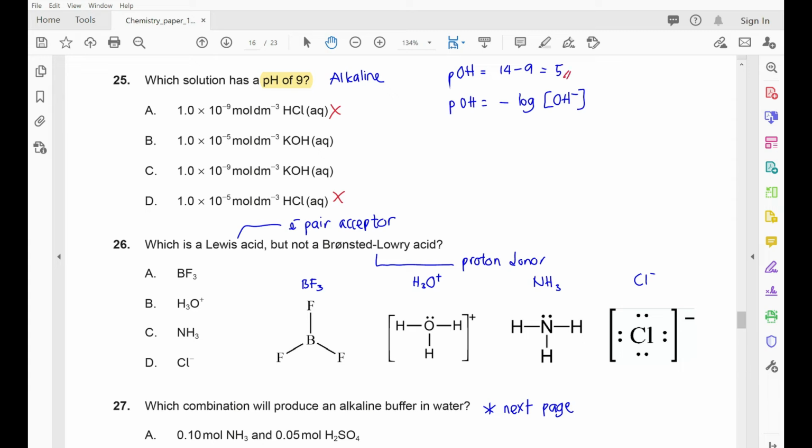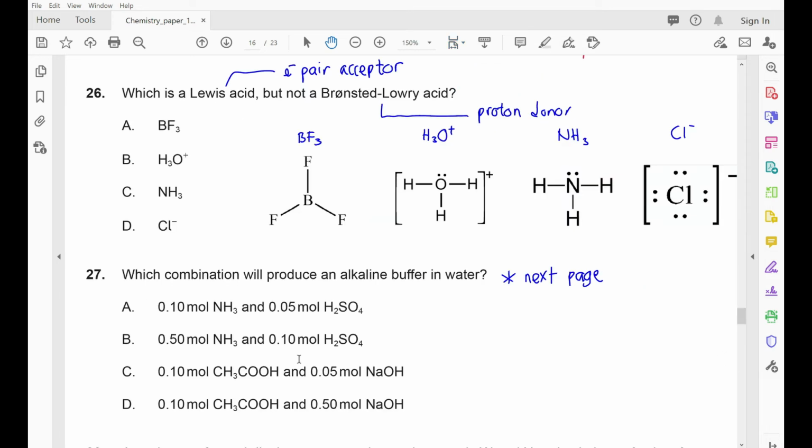To calculate pOH, we can also use the negative log of the concentration of OH⁻. In option B, we have negative log of 10 to the power of negative 5, and that gives us 5. Whereas in C, negative log of 10 to the power of negative 9 gives 9. B is therefore our answer because pOH 5 is the same as pH 9.